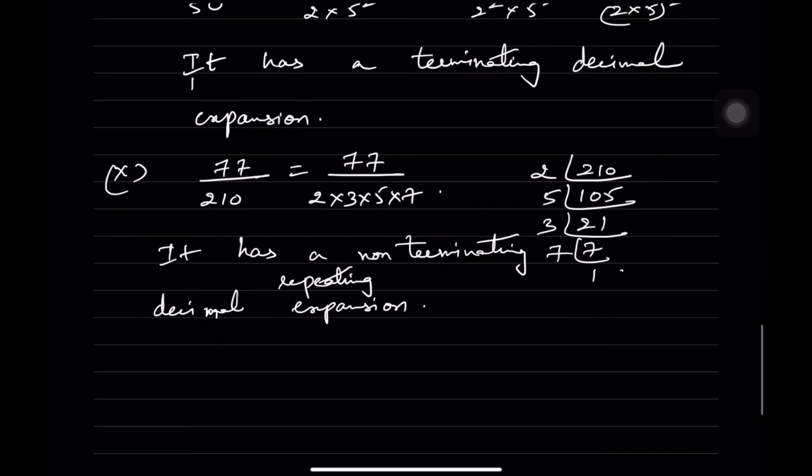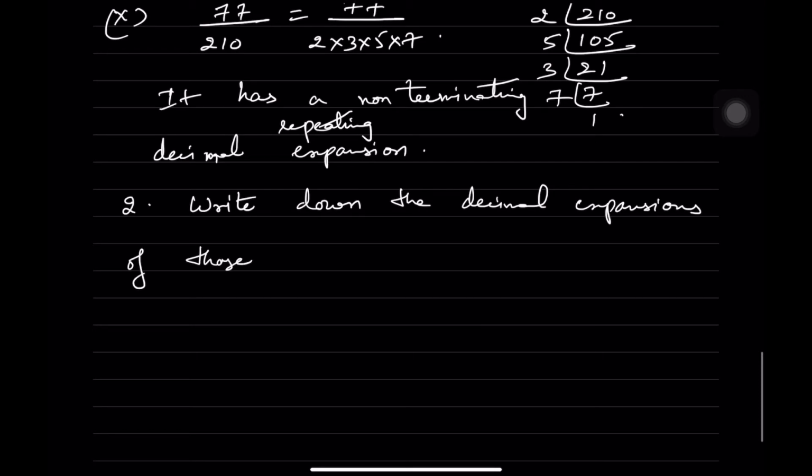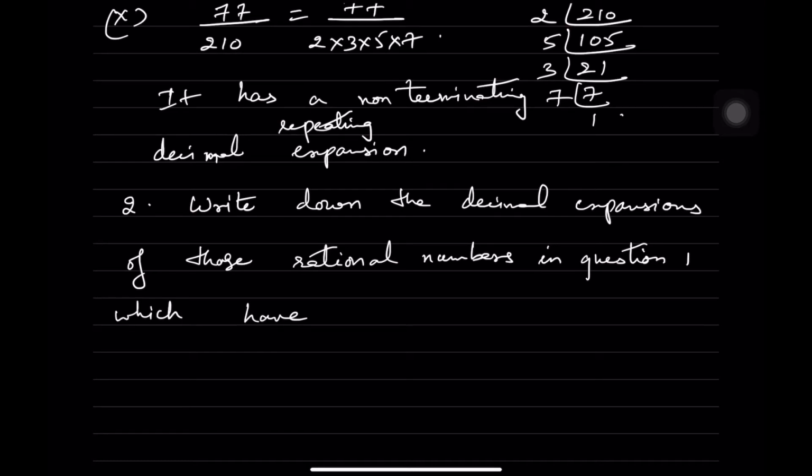So then we'll go into the next question, question 2. Write down the decimal expansion of those rational numbers in question 1 which have terminating decimal expansions.